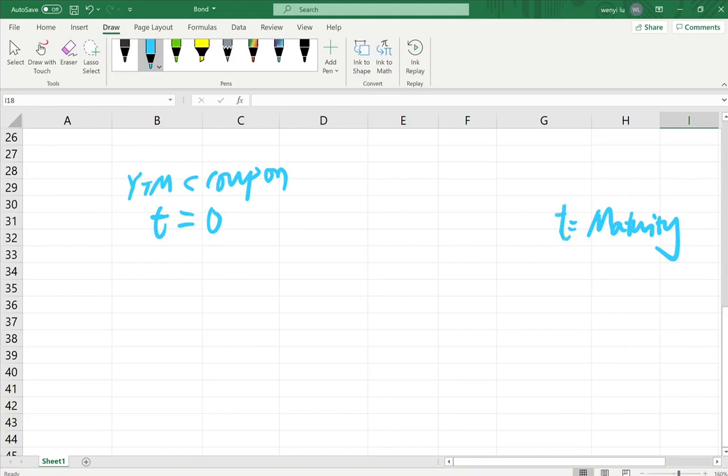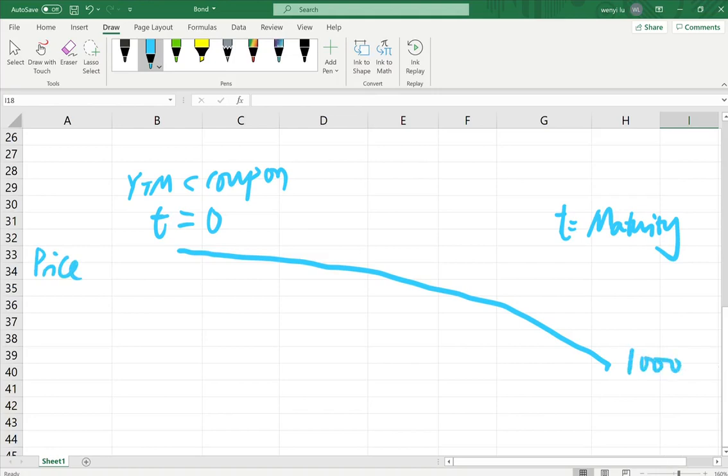So if the yield to maturity is less than the coupon rate, the bond will trade at a premium in the beginning, and the price will continue going down until maturity, when the price will equal $1,000. That's for the yield to maturity less than the coupon rate.